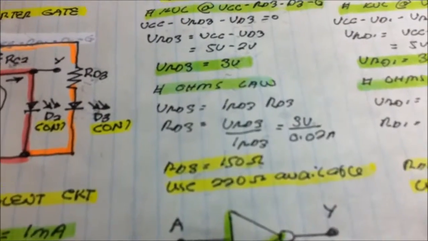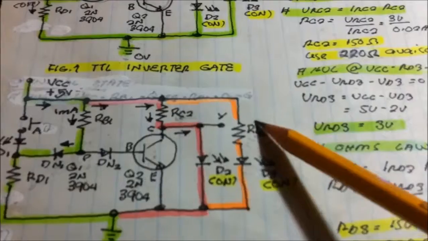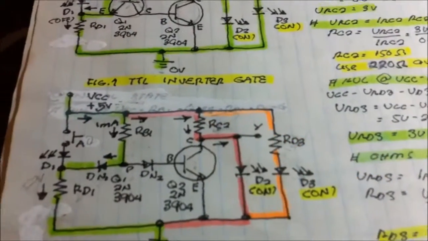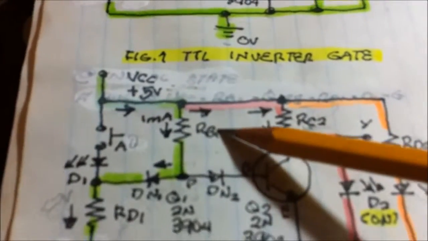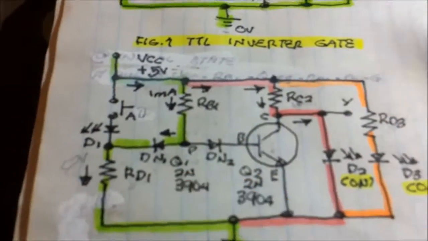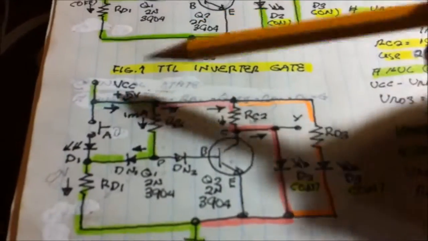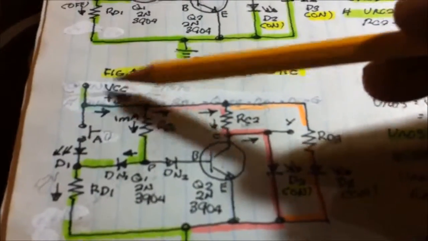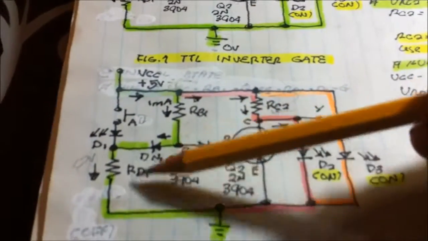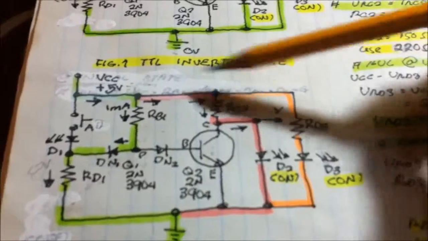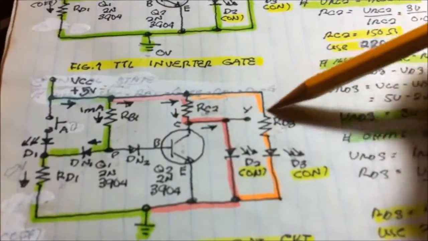So we get now two values of resistor, RD3 and RC2. Still, we're not getting the values of RB1 and RD1. But this is our current flow: VCC, RB1, D1, RD1, also current flows here, second loop, third KVL.